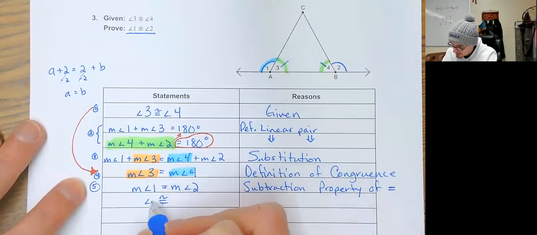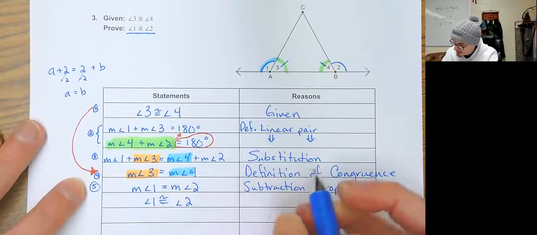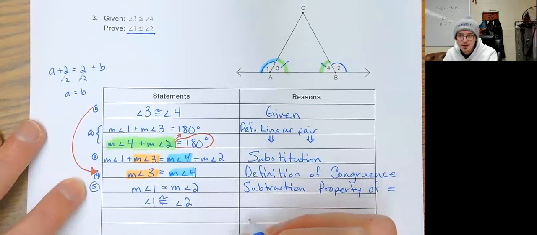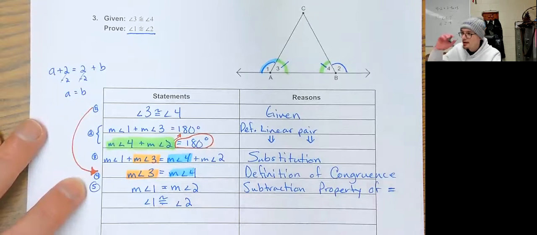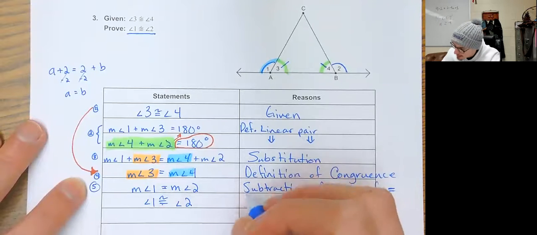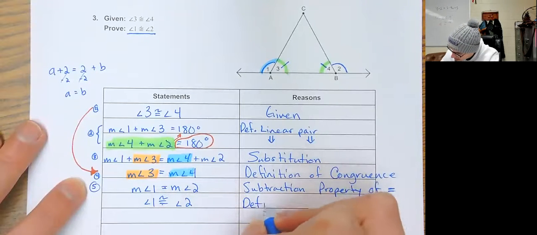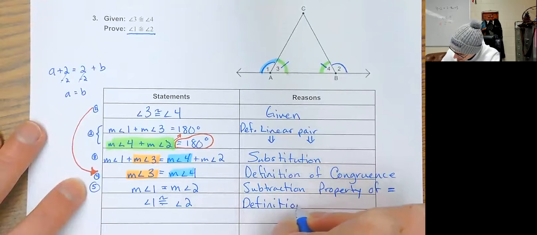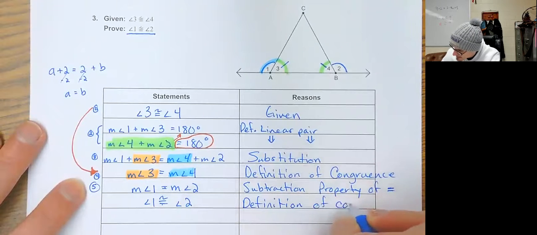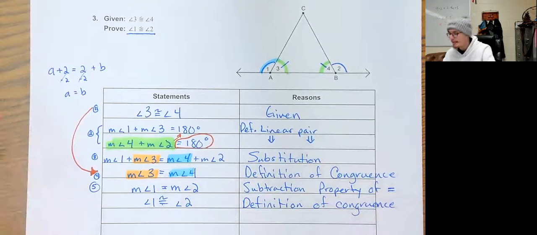Yes, I can. It goes both ways, right? Equal can be changed to congruence, congruence can be changed to an equal sign, and they are all by the definition of congruence.